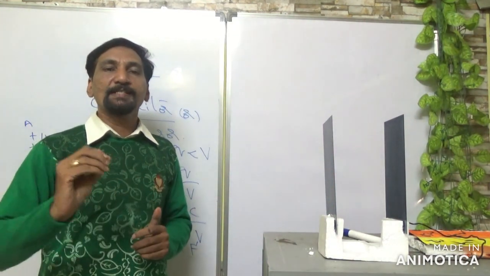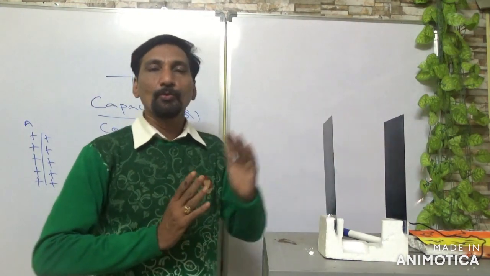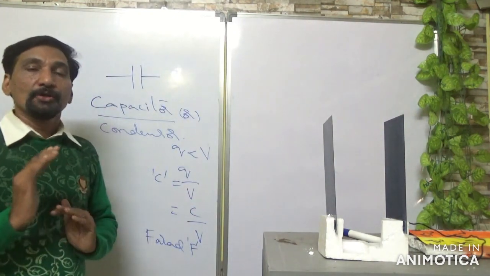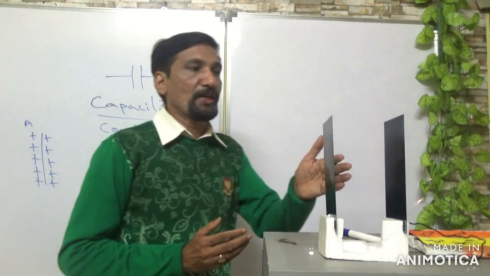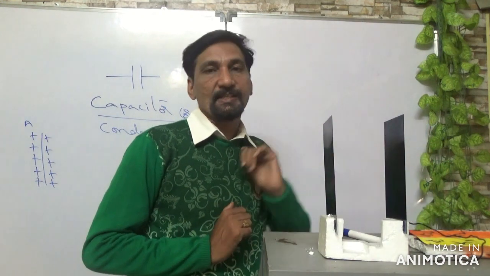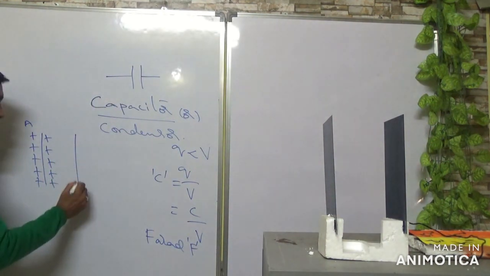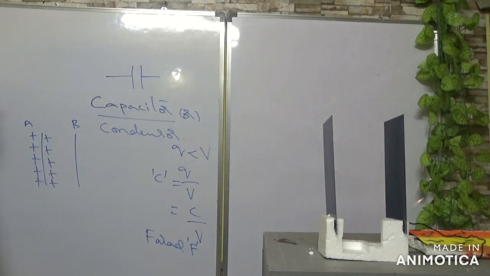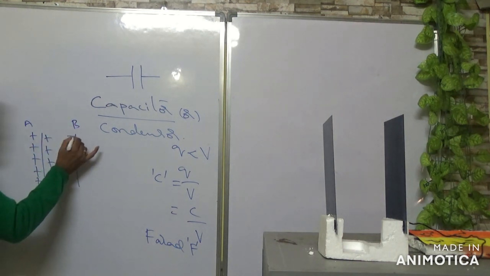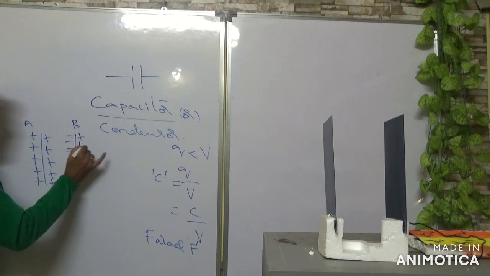You are placing an uncharged metal plate B nearer to A. Thereby, due to induction, one side negative is developed and the other side positive is developed. Whenever you bring another metal plate B nearer to A, due to induction, one side negative is developed, the other side positive.